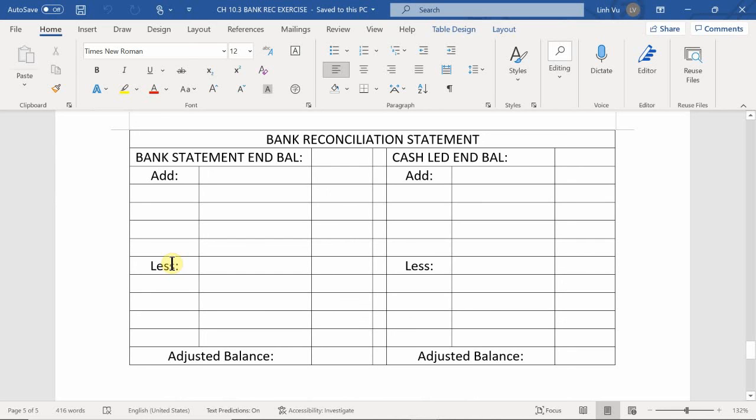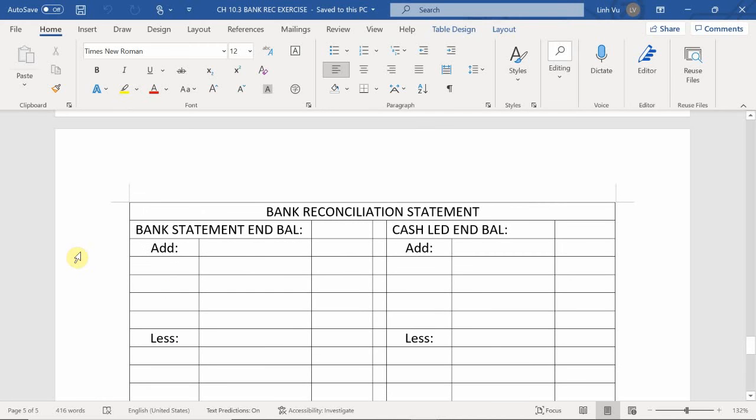So in this scenario, which side do you want to do first? Do you want to do the bank side or the cash side? Let's do the bank side first, okay? So when we start off with our bank side, we need to have our ending balance in our bank.